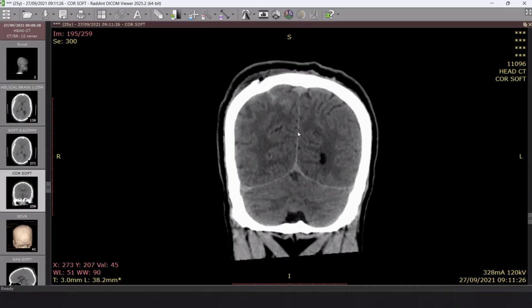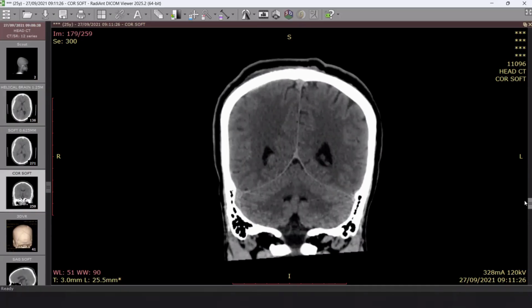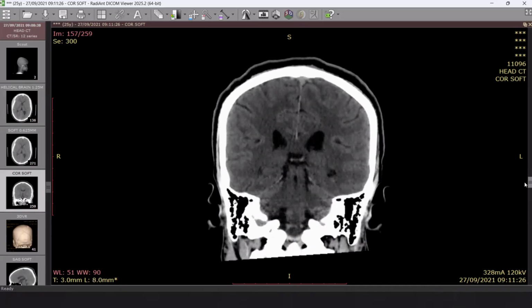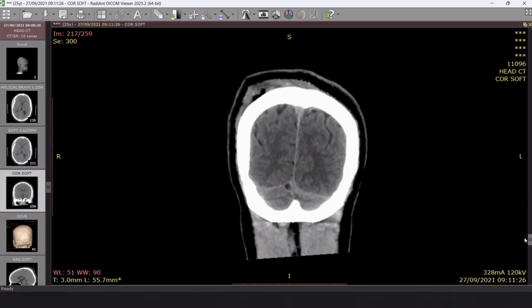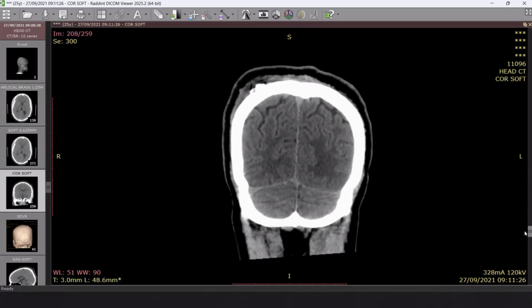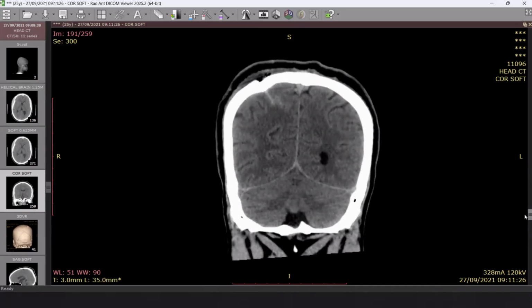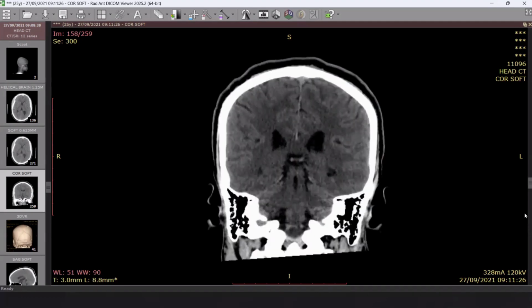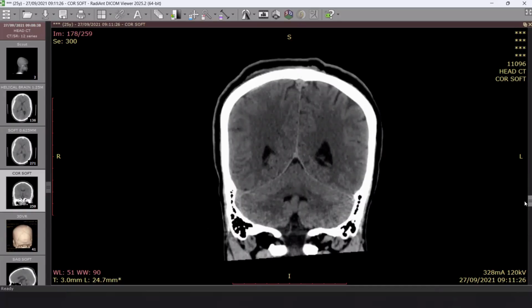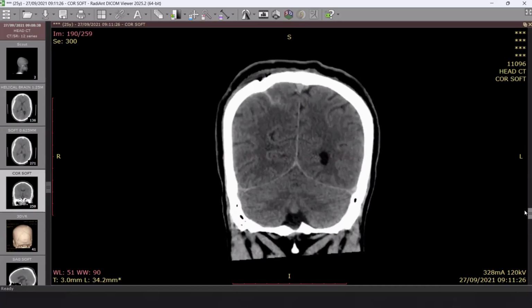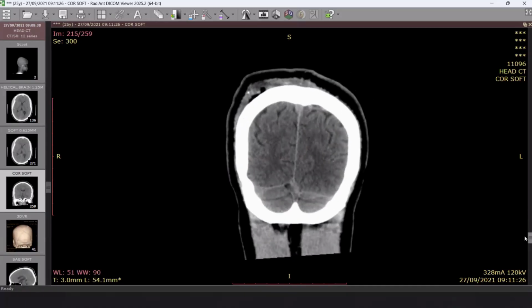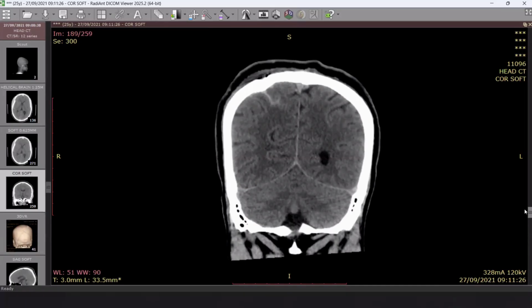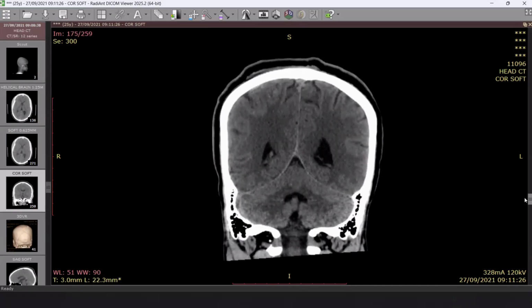I would like to check again the extraaxial hemorrhage for better demonstration, and to check for any midline shift or subfalcine herniation.